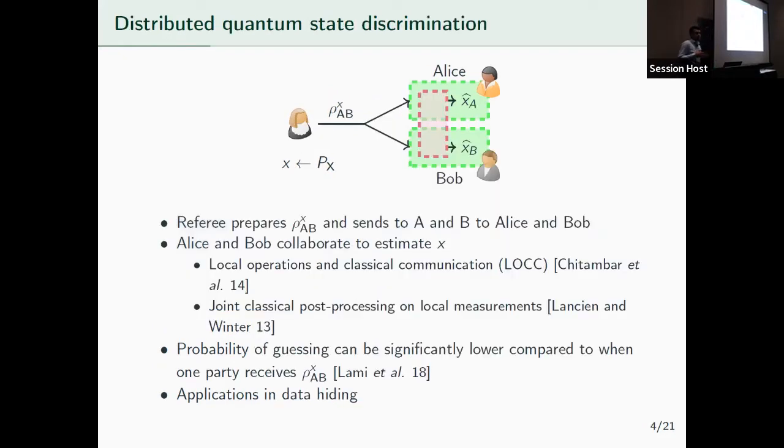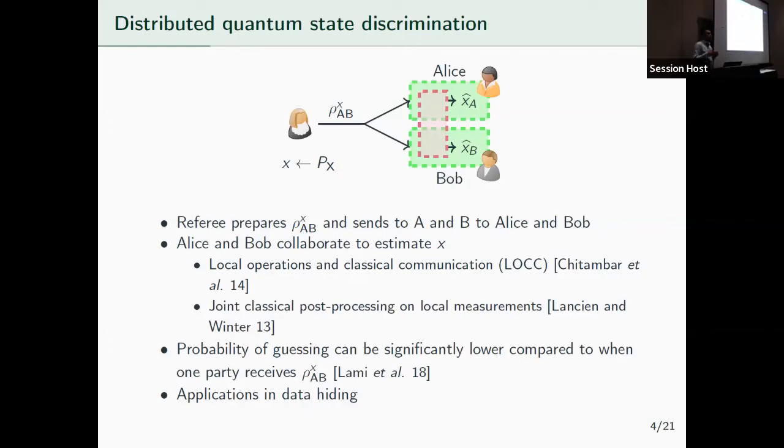A natural extension of this problem is to multi-party state discrimination or distributed state discrimination. Here, in the simplest version, the referee prepares a bipartite state and gives each part to one party, and the parties collaborate in some way to estimate the value of x. And we can have different models of collaboration. One well-studied model is so-called LOCC.